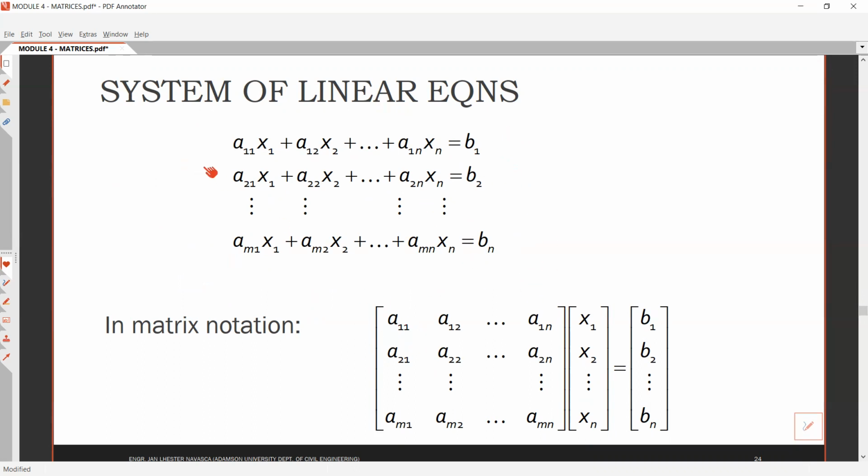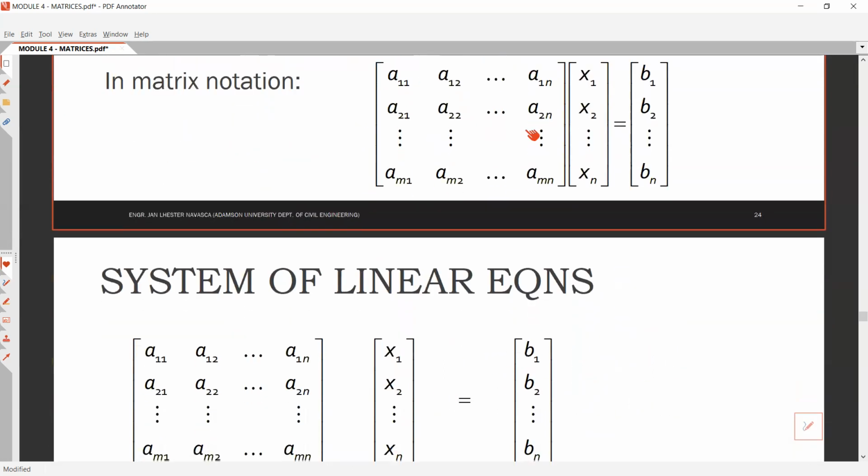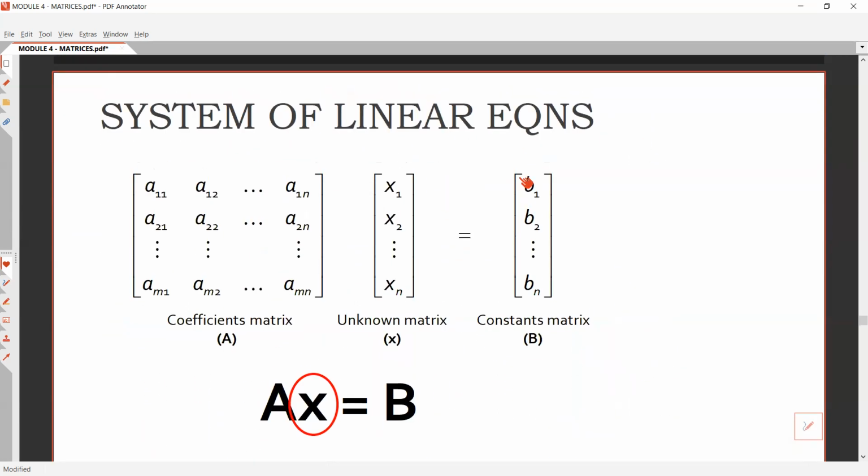So kukunin lang natin yung mga constant and yung variables, and ito yung matrix natin sa labas. Okay, yung values of B1, B2, and B sub n. Okay, so system of linear equations, A11, A12, A1n.